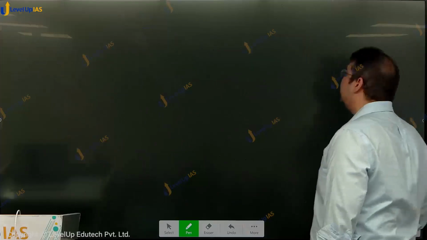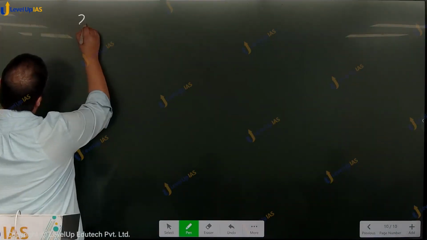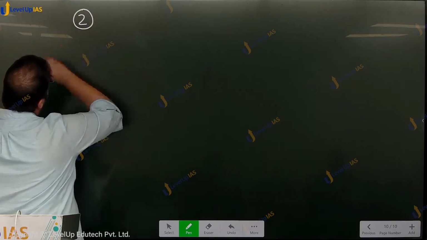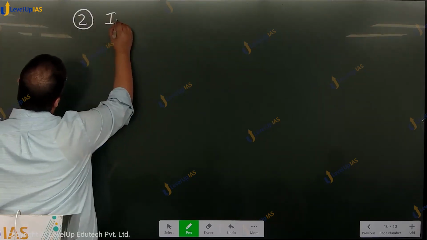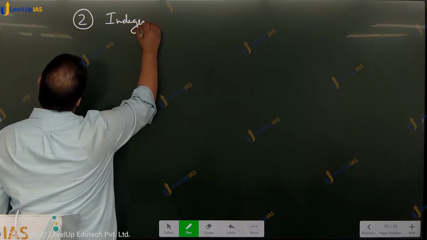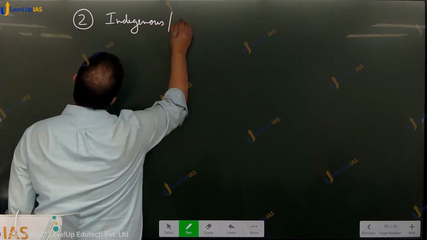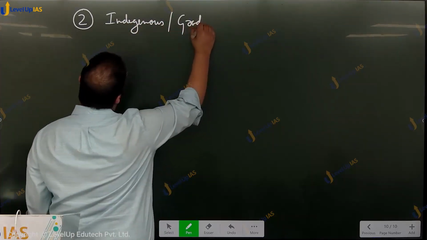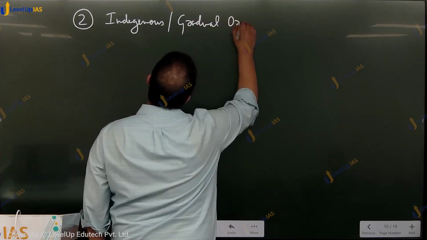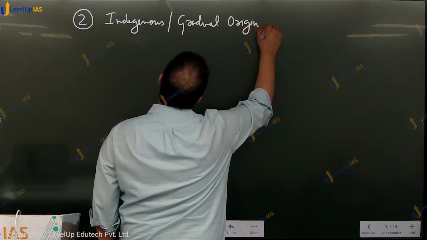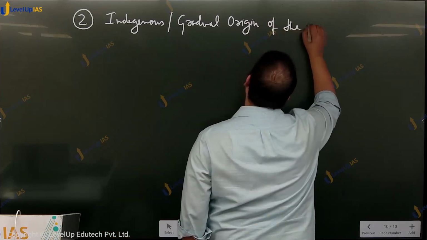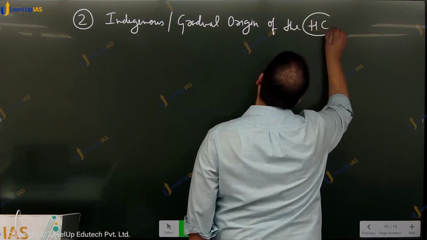As a result, most modern scholars believe in the indigenous or gradual origin of the Harappan civilization.